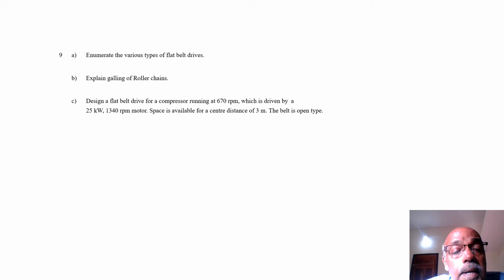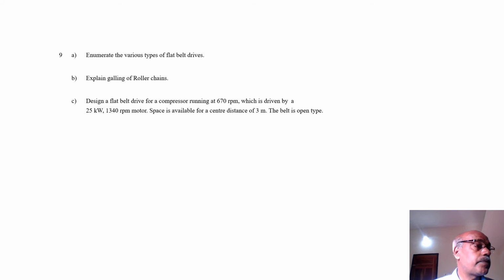Design a flat belt drive for a compressor running at 670 rpm, which is driven by a 25 kW, 1340 rpm motor. Space is available for a center distance of 3 meter. Belt is open type.